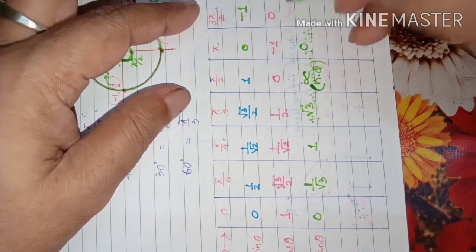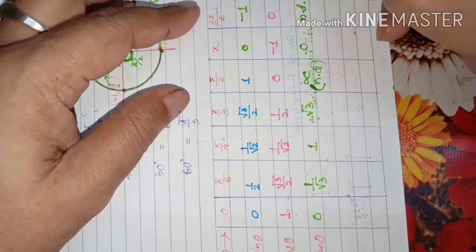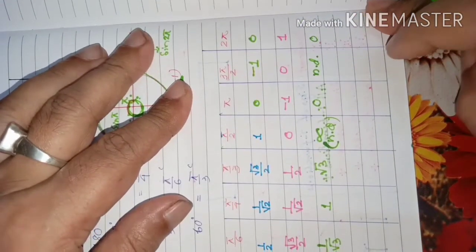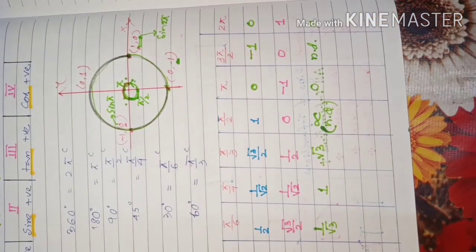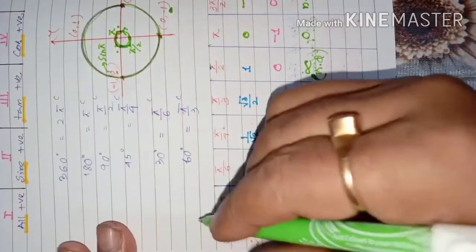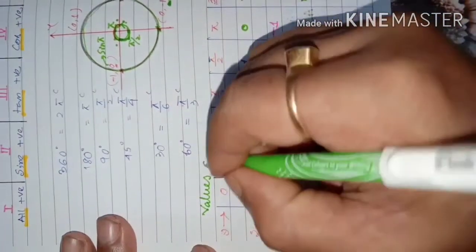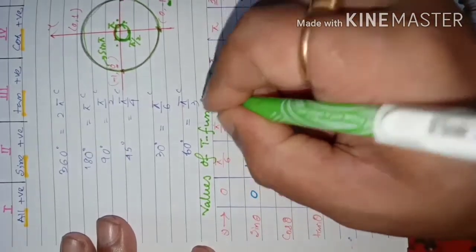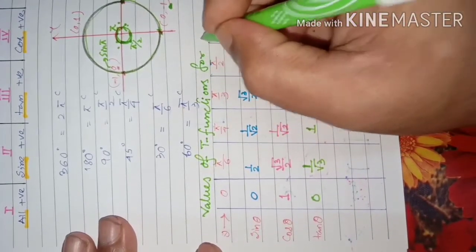This one is again not defined, or you can say infinity, and this is 0 here. So this is the table of values of trigonometric functions for particular angles.